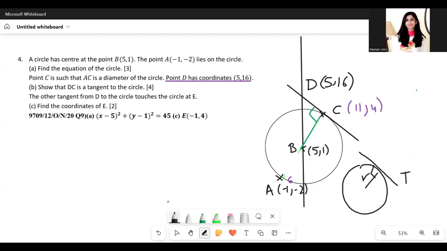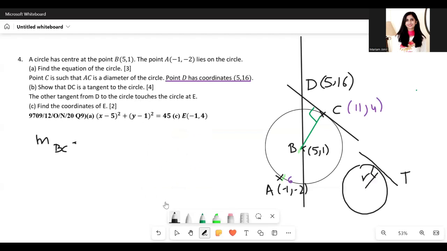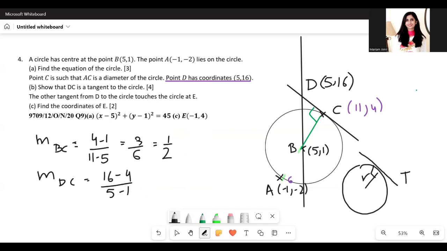Okay, so now let's quickly find the gradient of BC. It comes out to be (4 - 1) upon (11 - 5). We have 3 here and 6 here. That's half. Now find the gradient of DC. That's going to be (16 - 4) upon (5 - 11).